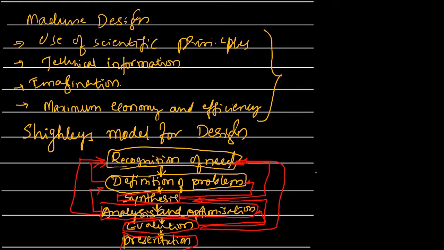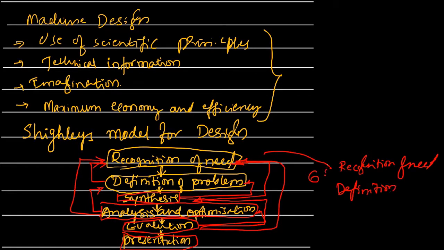You are going to get six steps here. One is recognition of need. Another is definition of a problem. So all are correlated here.